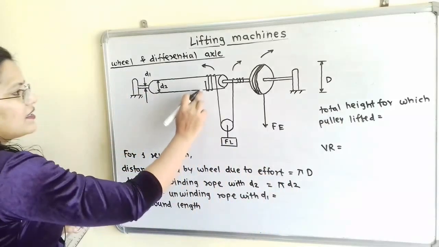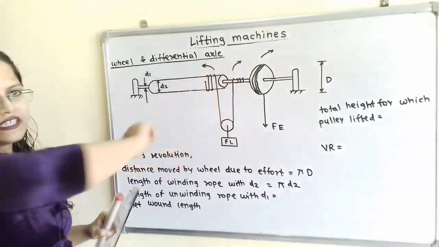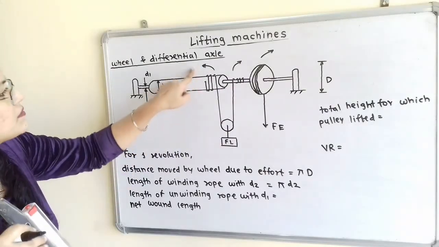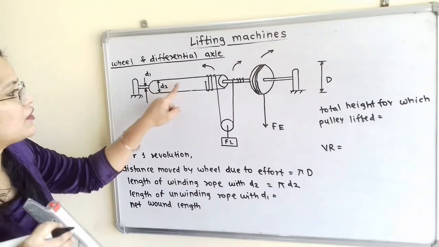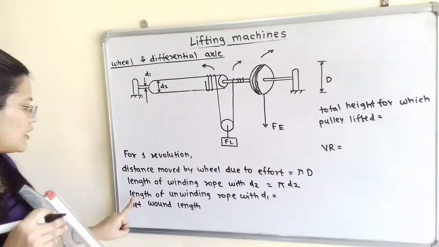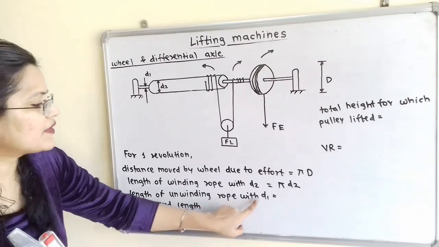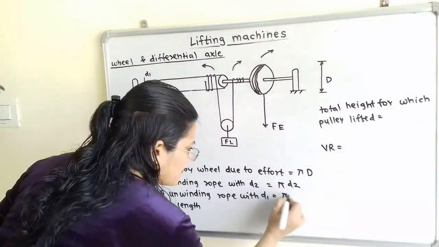Now we know that this rope is mounted in the opposite direction. So when this rope is winding around the axle with diameter d2, at the same time this rope will unwind. So the length of unwinding rope with diameter d1 is equal to pi d1.